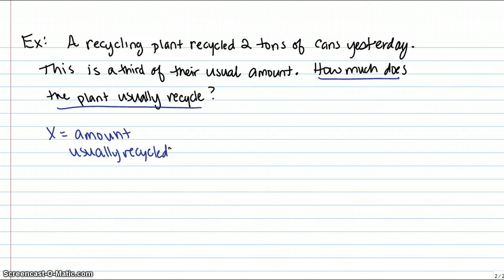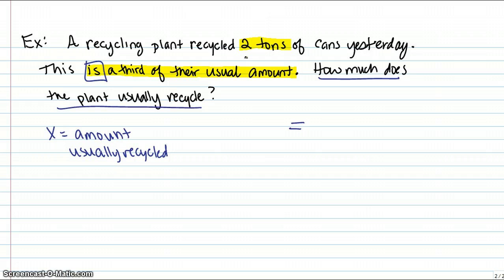Okay? Then we get the important information. They recycled 2 tons yesterday. And again, another mathy type of thing is this is a third of their usual amount. We need that information to write an equation. So the word is, again, is an equal sign.